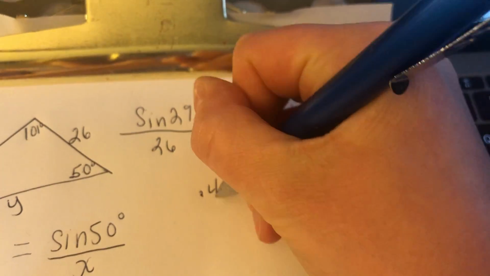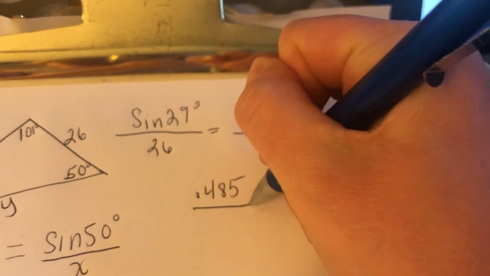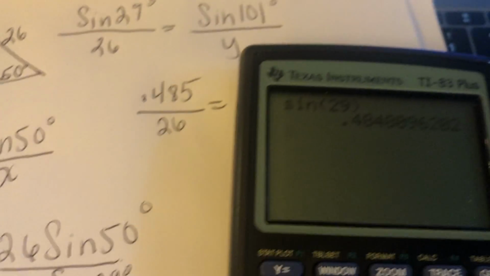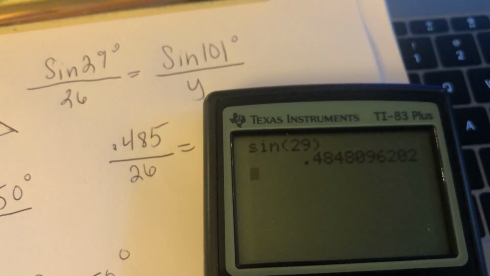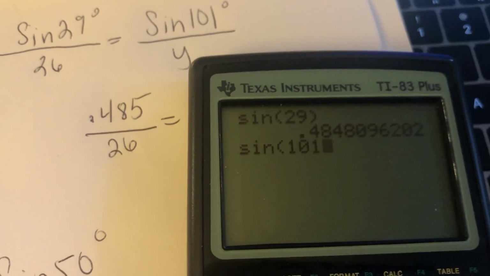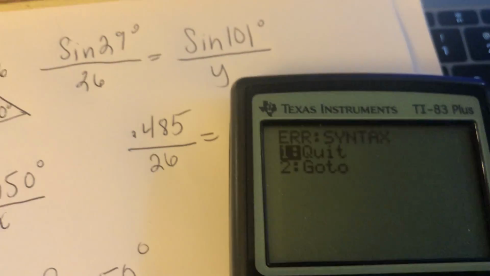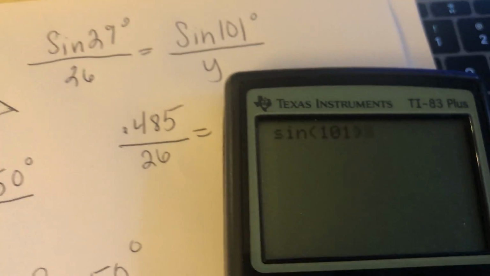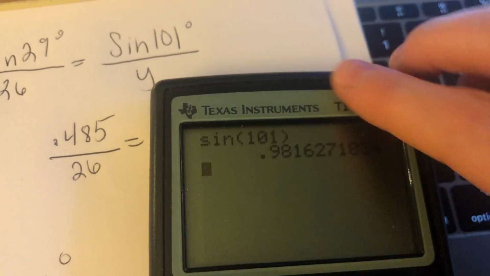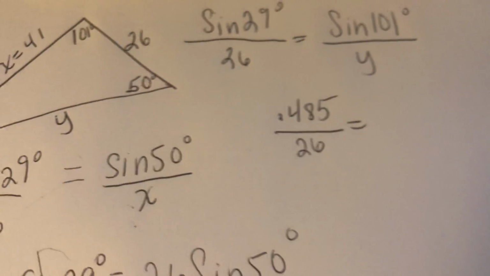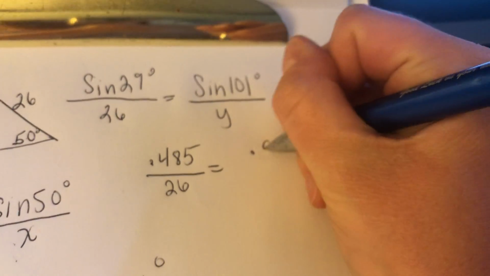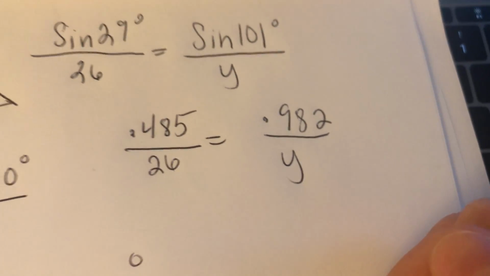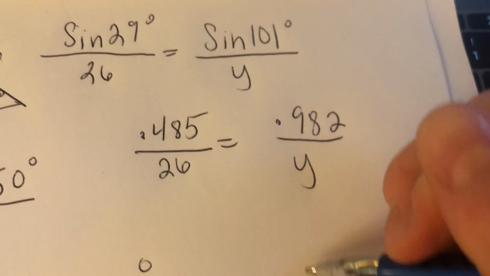So that's 0.485 over 26 equals the sine of 101 degrees, which is about 0.982. So 0.982 over y. Okay.